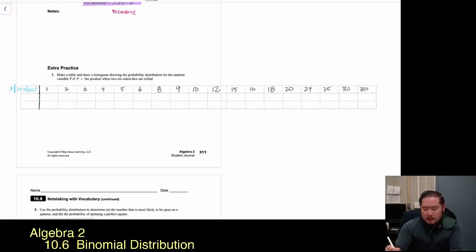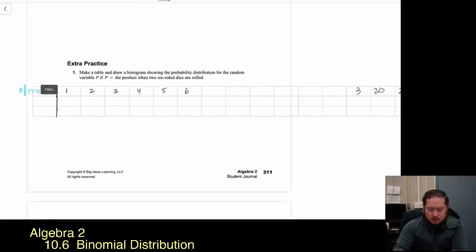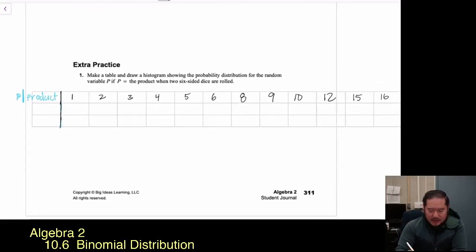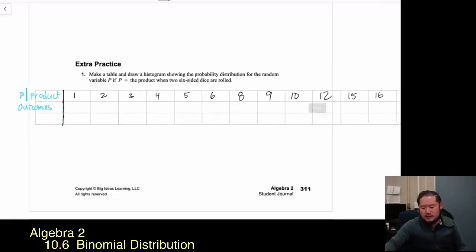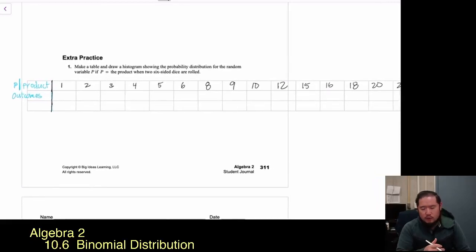The next thing, in the second row, what this is going to be about is the outcomes. So how many outcomes can we have of rolling a 1? Okay, if I roll a 1 and a 1, that's one particular outcome for me to get a 1.